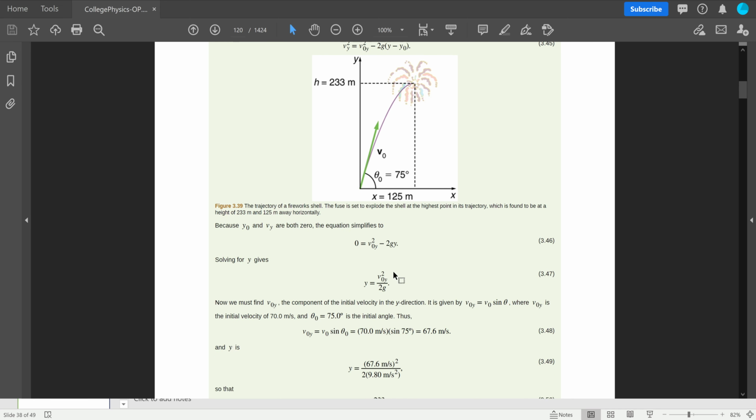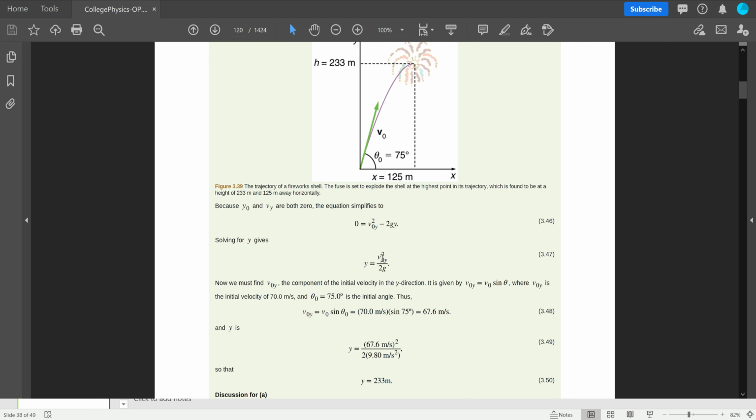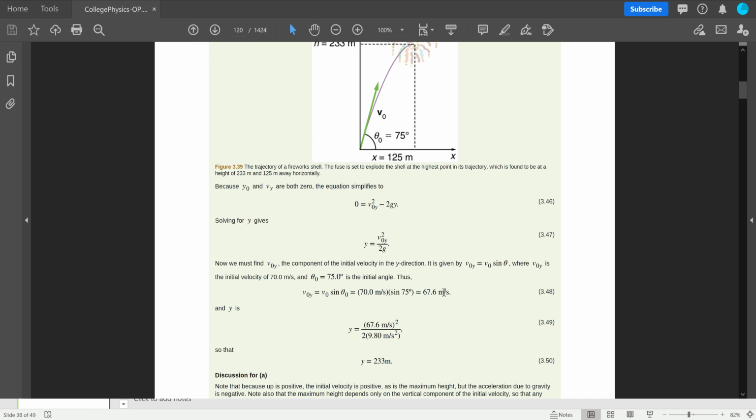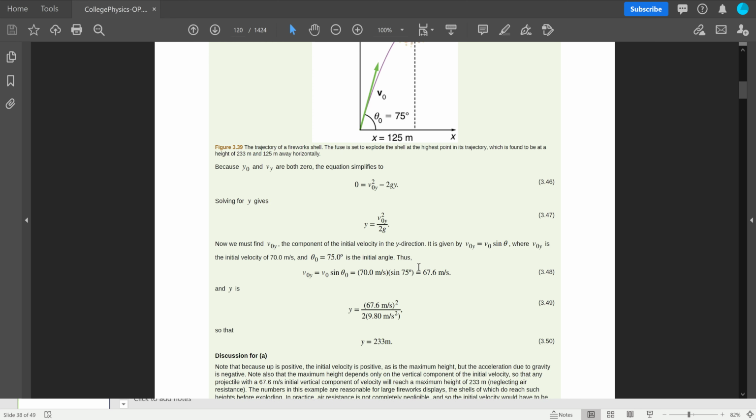So we arrange all this, and that's exactly what we're trying to find. So our v naught y needs to be our v initial sine of 75 degrees. So 70 meters per second, that's our initial, sine of 75 degrees. And that gives us 67.6 meters per second.